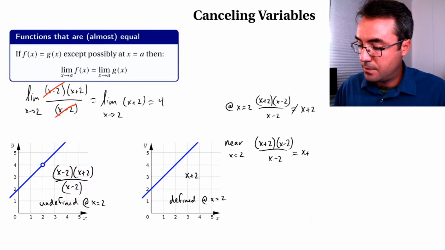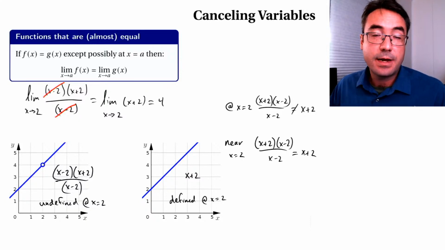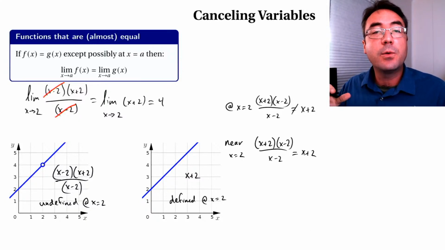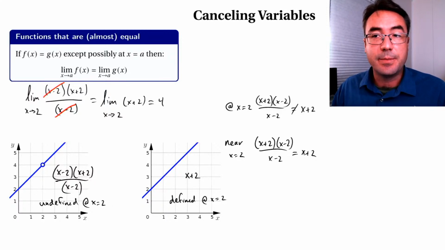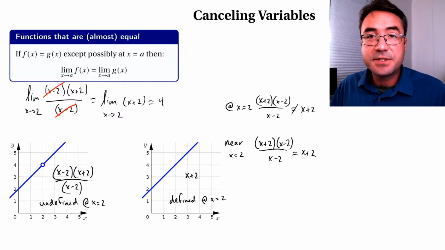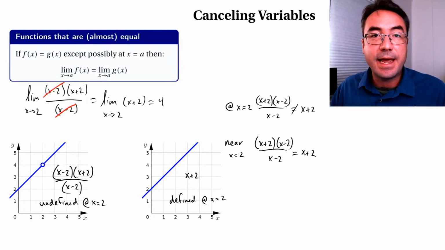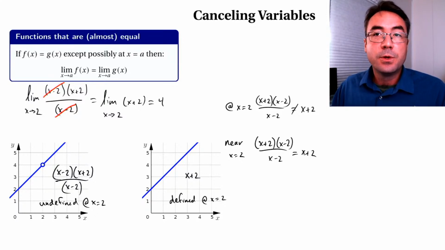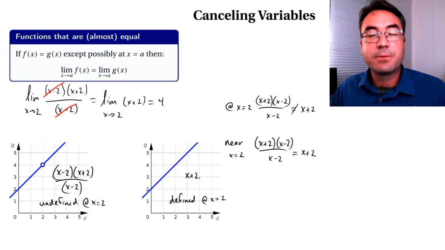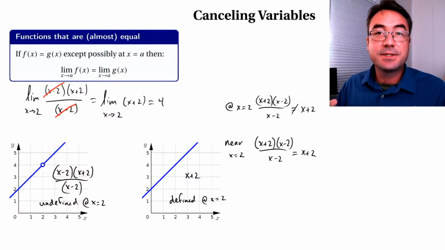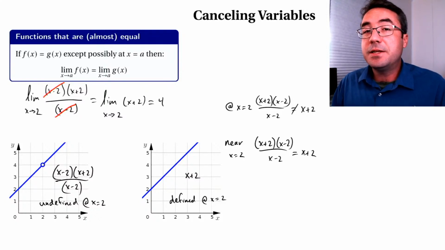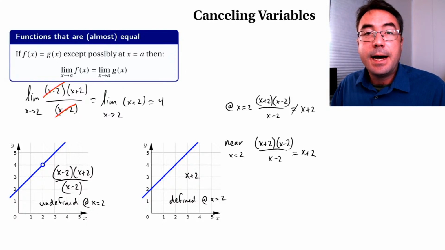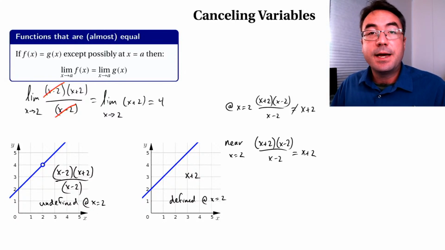So when we're near x equals 2, we can cancel all we want, and it doesn't change the limit. That works to our advantage. Basically, this theorem justifies why we're allowed to cancel variable terms when we're talking about limits. We'll see that in all the examples we're going to do. It fundamentally changes the function, but it allows us to simplify the limit calculation.